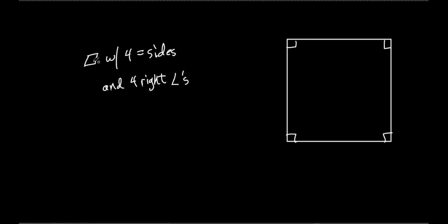It's got four equal sides, which makes it a rhombus as well, but it also has four right angles. What else has four right angles? A rectangle. Very good. So a square is basically a combination of what two things? A rhombus and a rectangle. Exactly right. This part right here is because it's a rhombus. The four right angles makes it a rectangle.